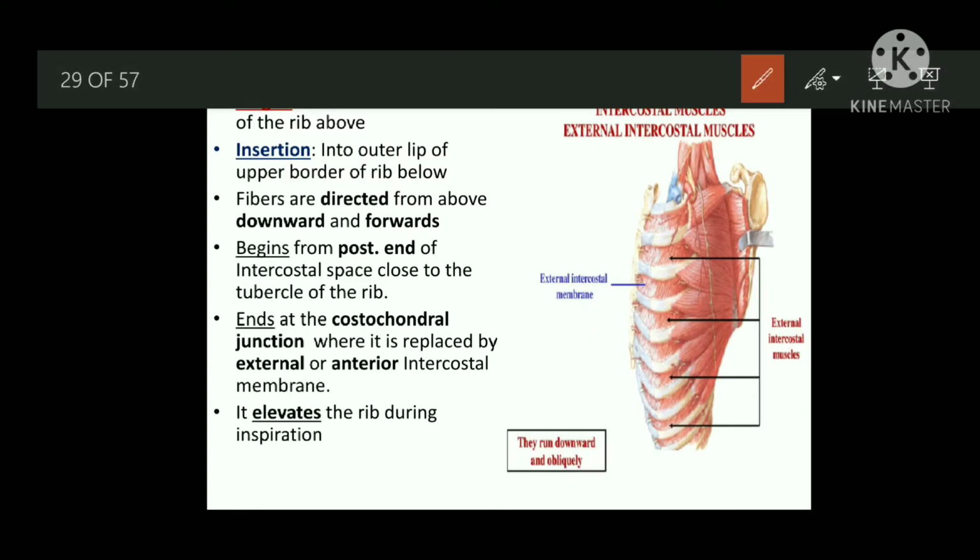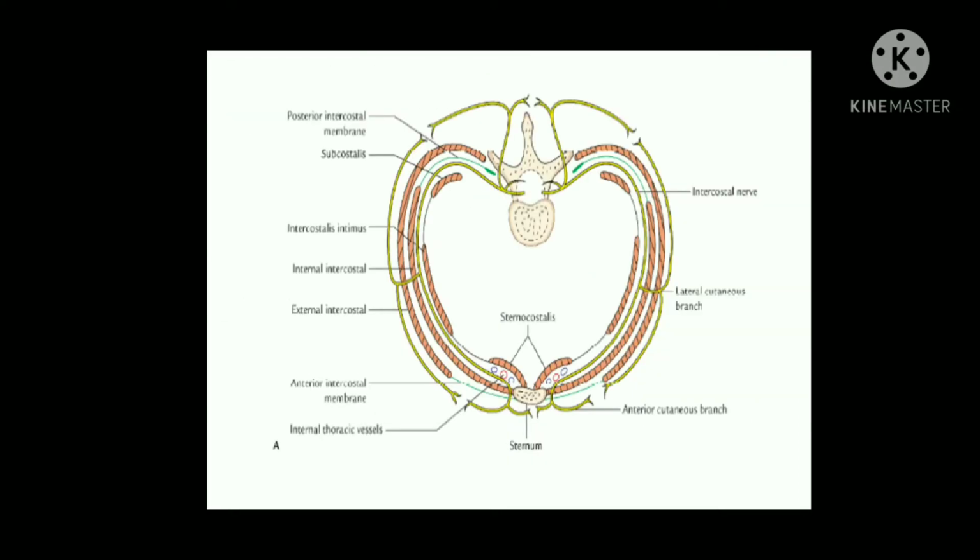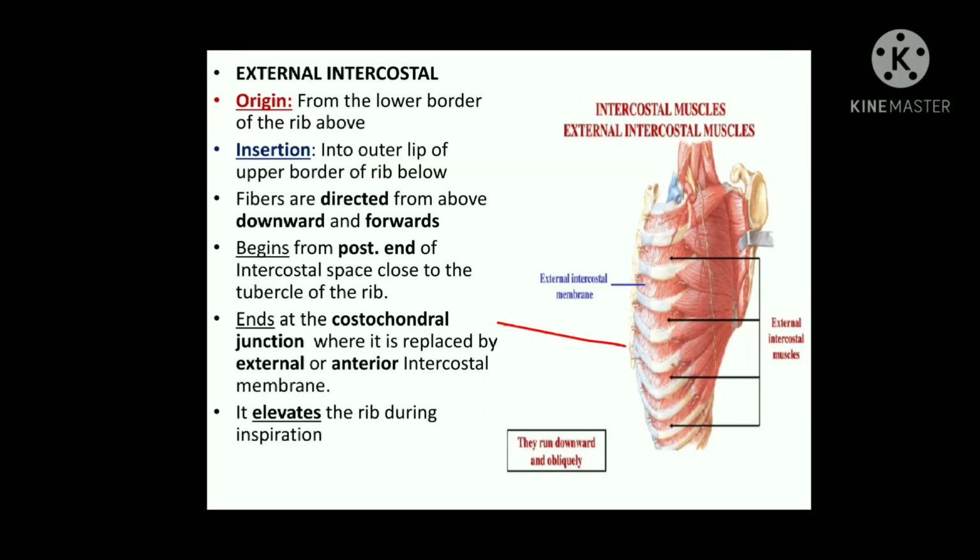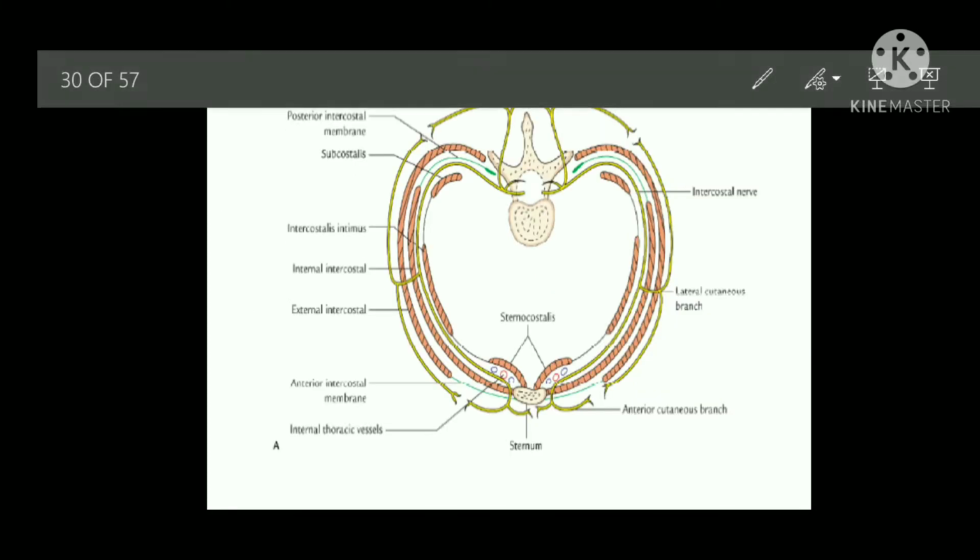So first come to the external intercostal muscles. Here the superficial layer is formed by the external intercostal muscle.